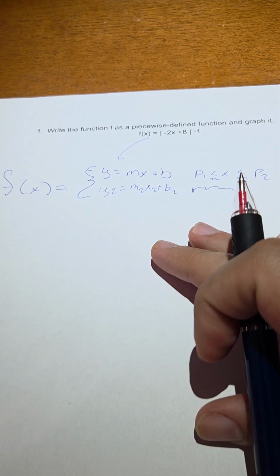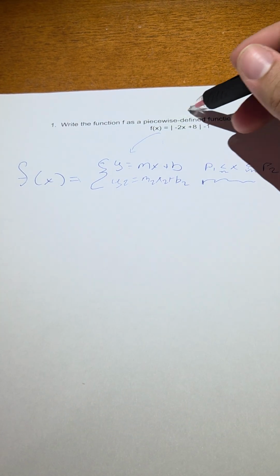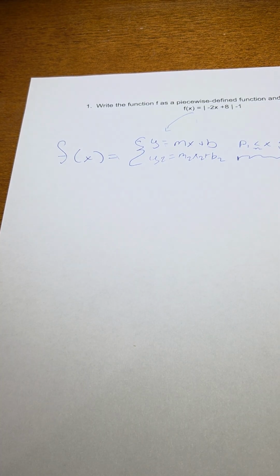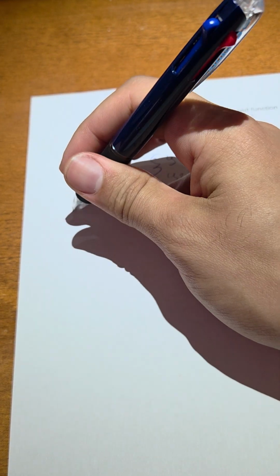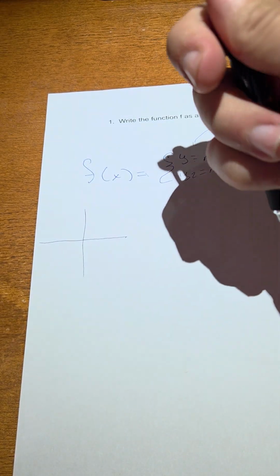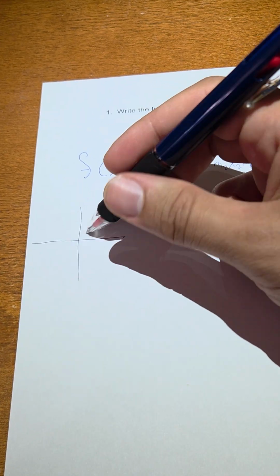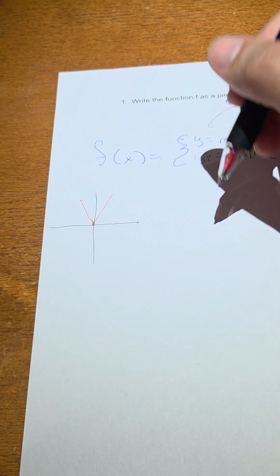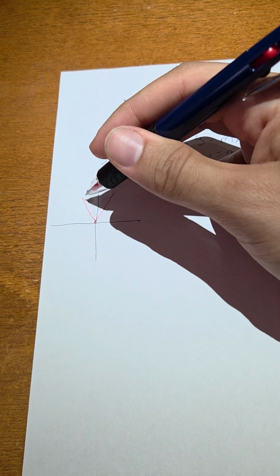So now that we know this, we can go back to our function here. Now we want to split this into two different functions. If you remember from before, when we draw an absolute value equation, it kind of looks like a V. Our standard absolute value equation looks like this. It's made up of two straight lines that change.